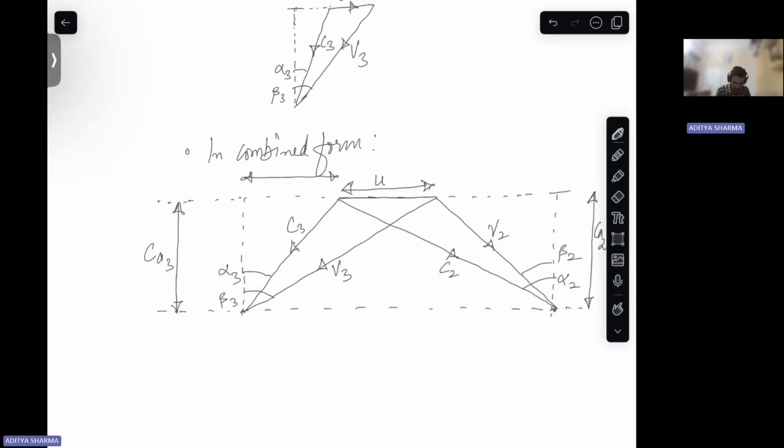Then this is your C. This is for local W, CW3. And if you split this, this is CW2. Right? So we have these tangential velocities. Two velocities, one is tangential and one is your axial velocity in your axial flow.